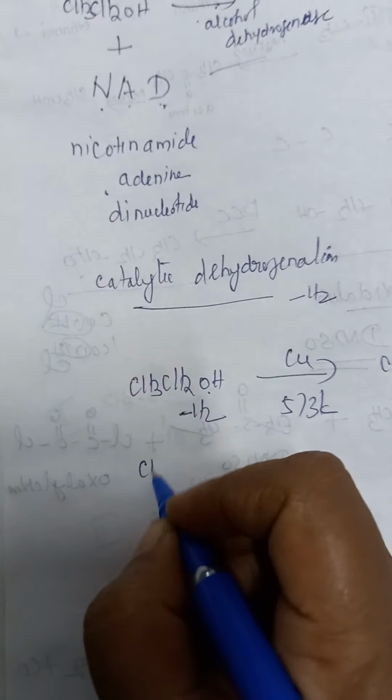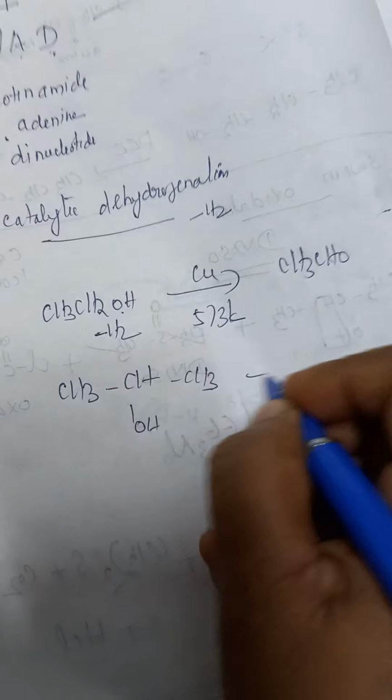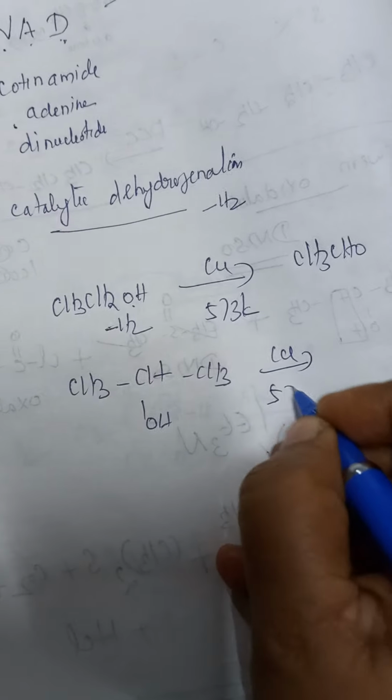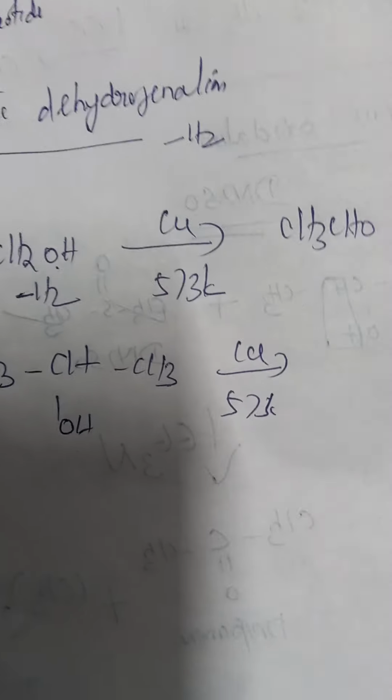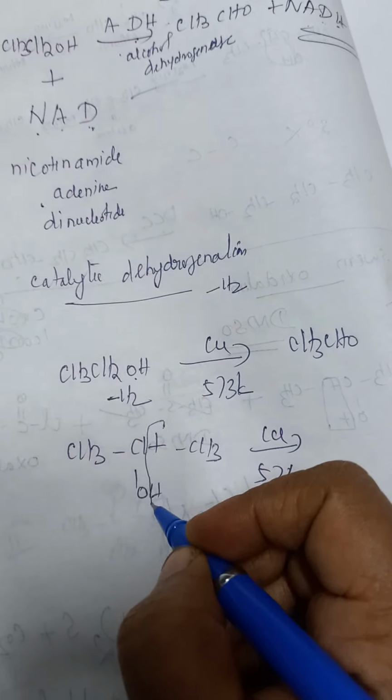Similarly, a secondary alcohol, CH3CHOHCH3, with copper at 573 Kelvin. Here also hydrogen is removed.